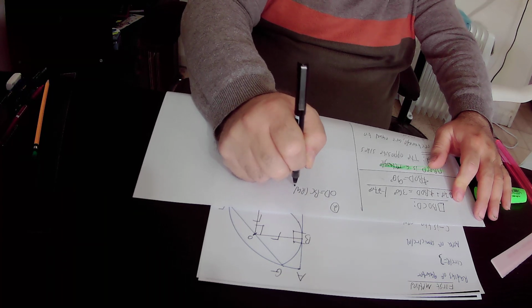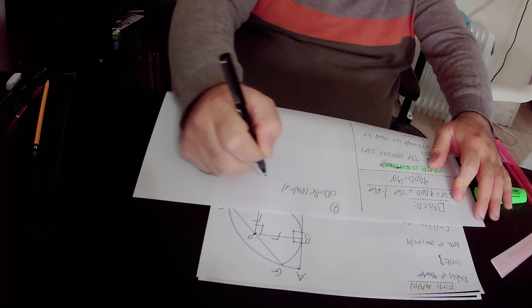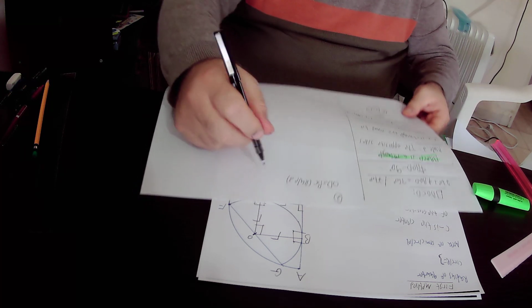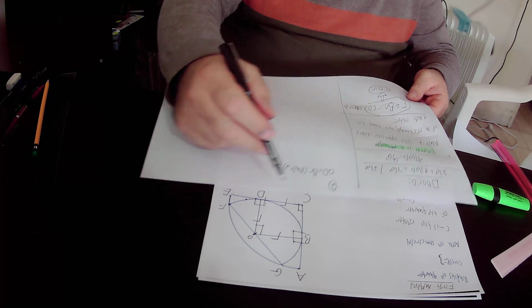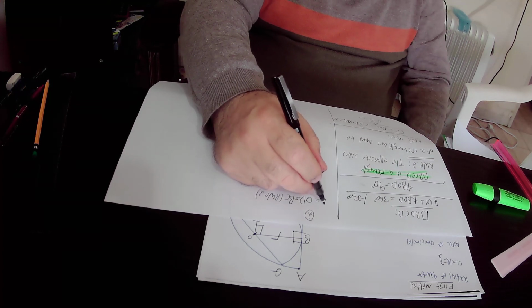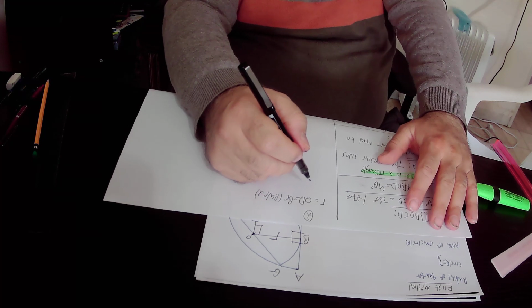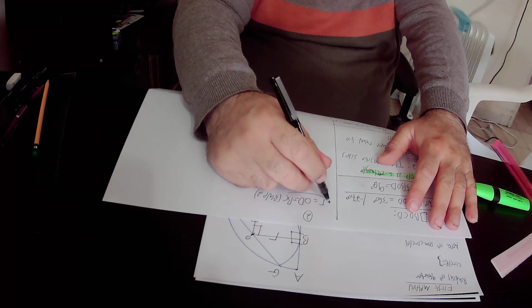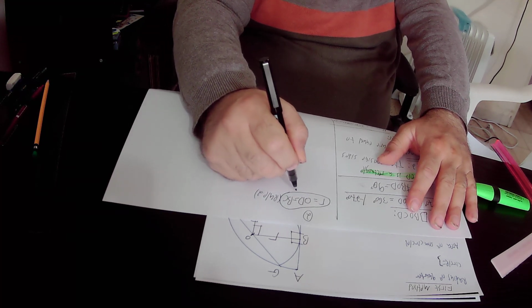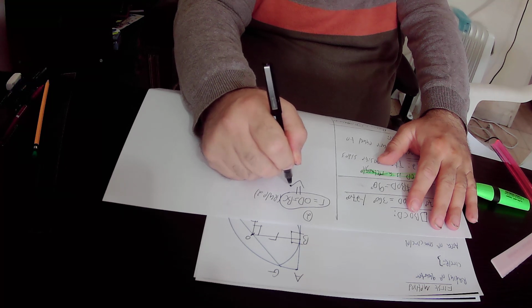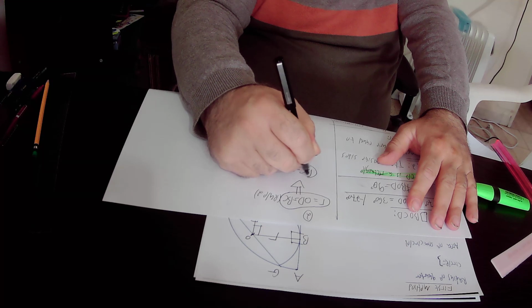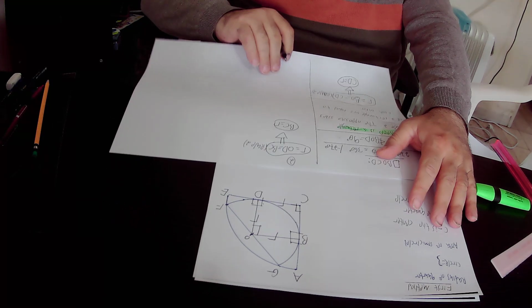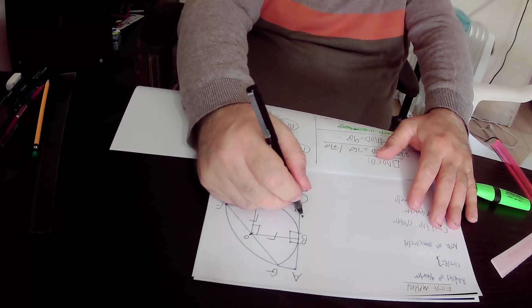But OD equals R, so from R equals OD equals BC, we derive that BC is also equal to R. Here we can write that BC equals R.